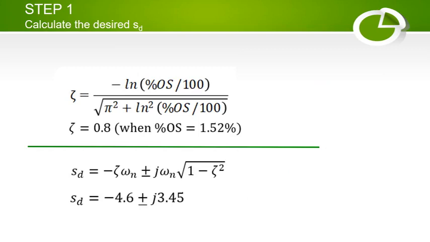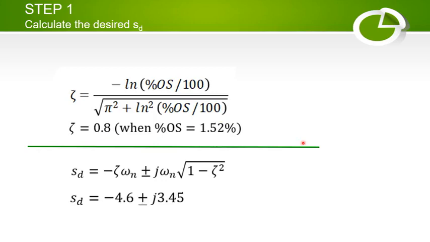The first step is you have to calculate the locations of the desired dominant poles from the given specification. In the question, the desired percentage overshoot is given as 1.52. Using this equation, which we have used in chapter 1, you can calculate the desired damping ratio and you will get 0.8.